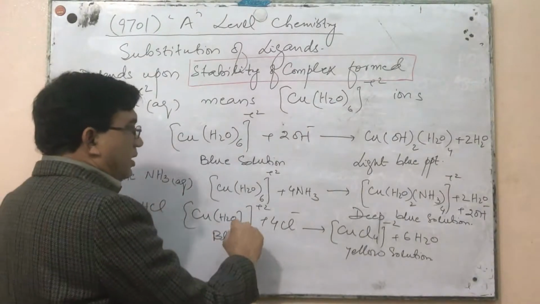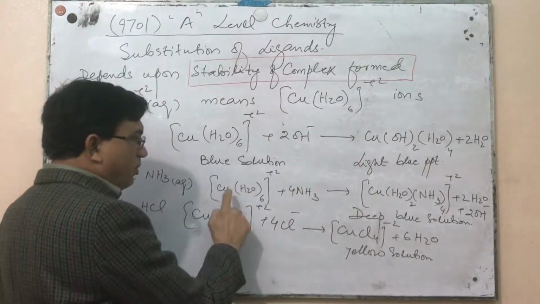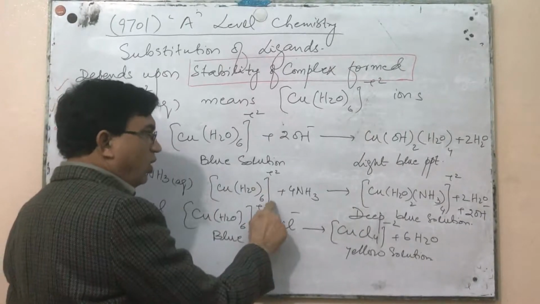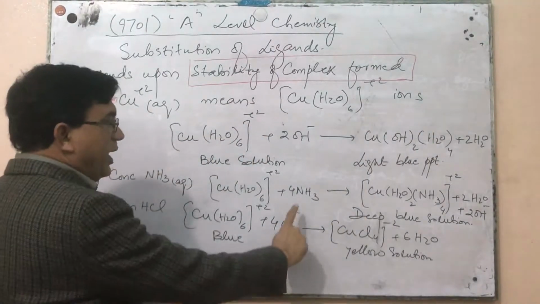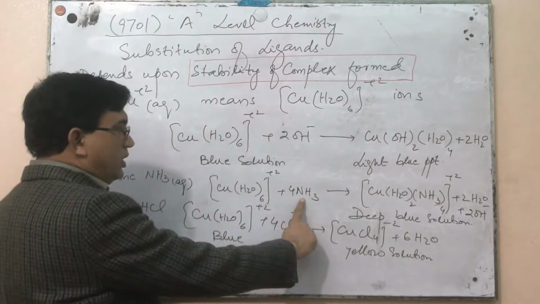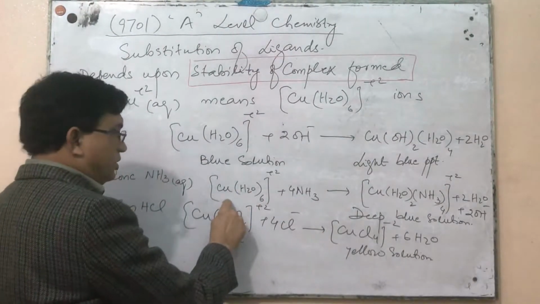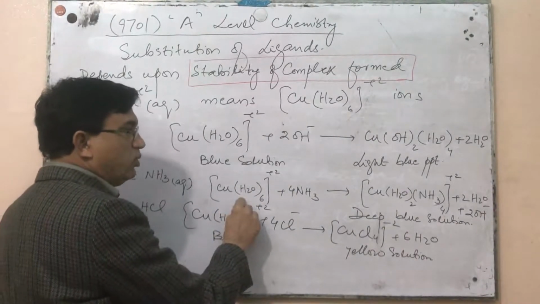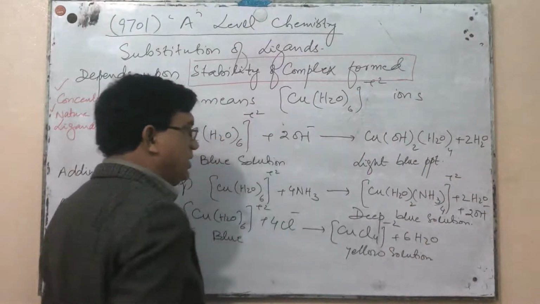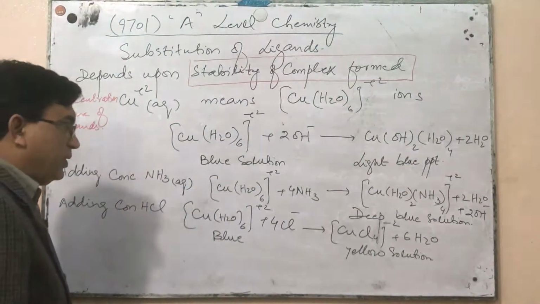Secondly, if we have the same complex and add concentrated ammonia to this solution of copper 2 ion or to this precipitate, what will happen?